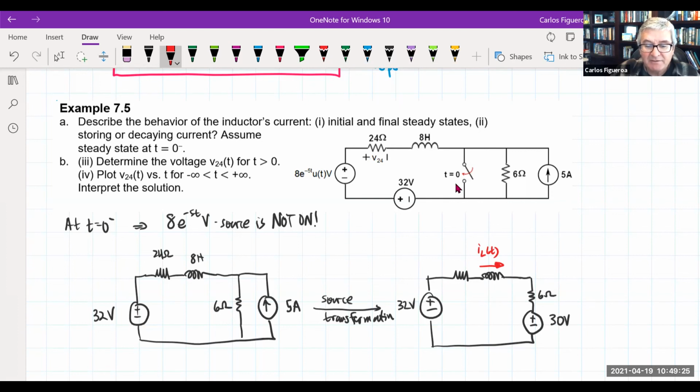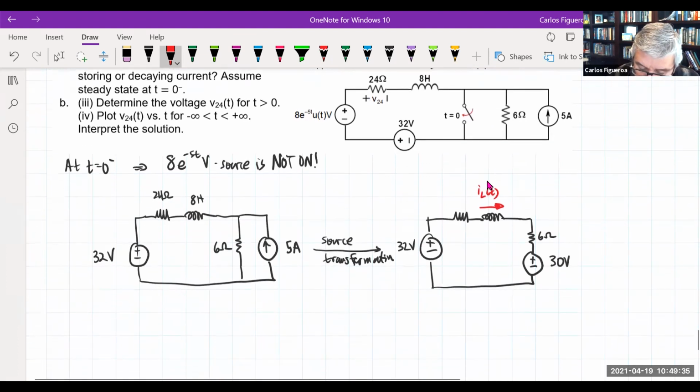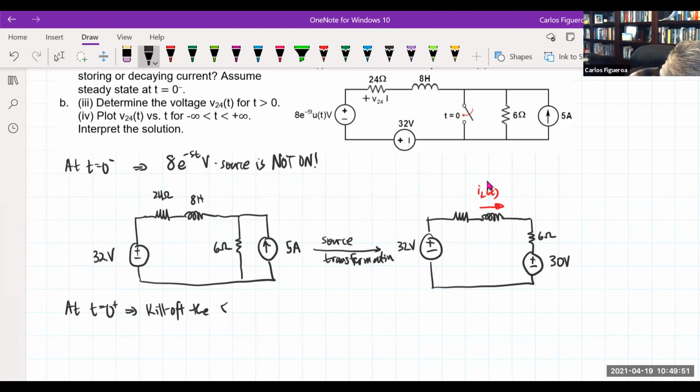And then what I expect is, when the switch is thrown closed, at t equal to 0 plus, we're going to kill off the 5 amp source, which then allows the inductor to increase in current.